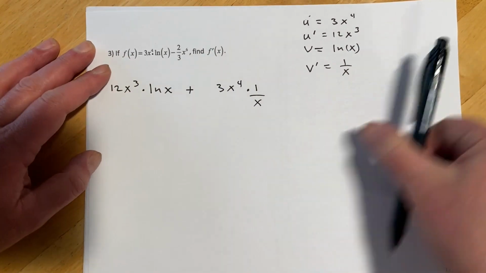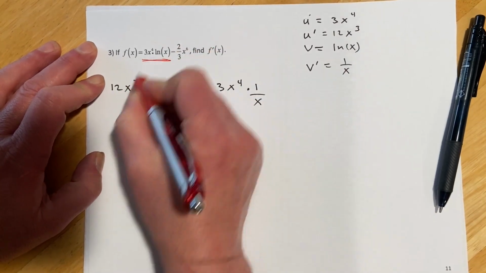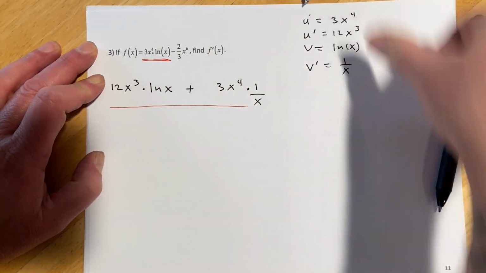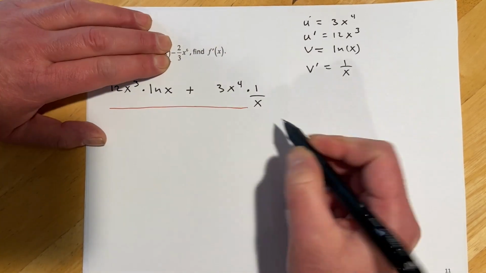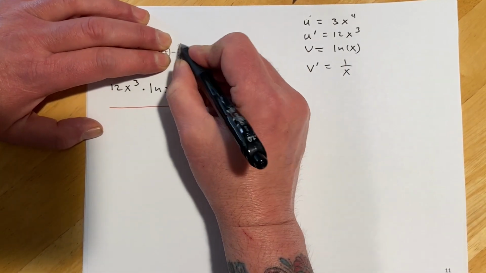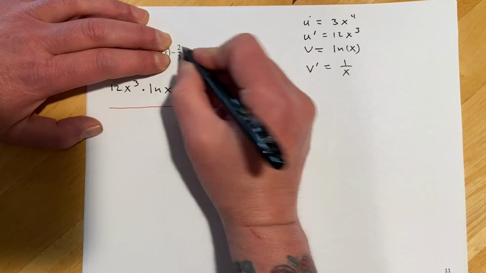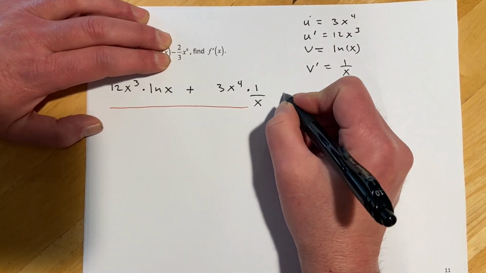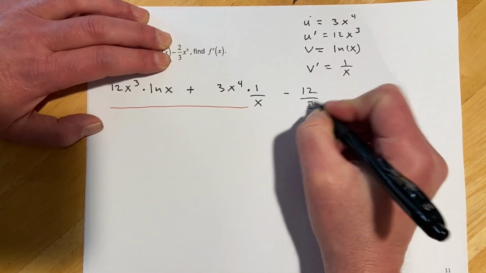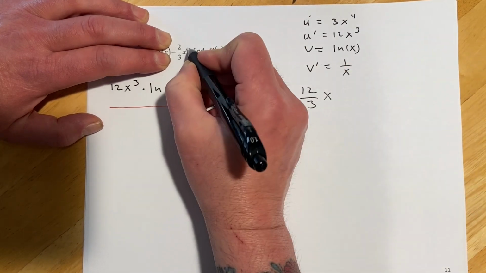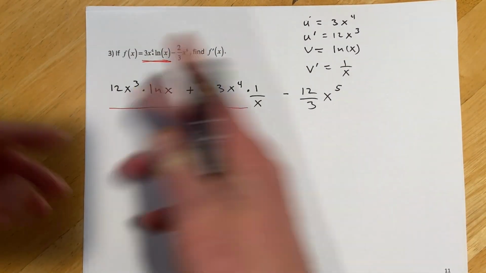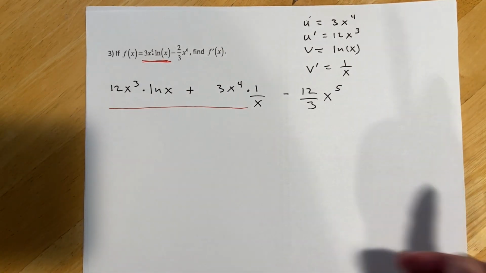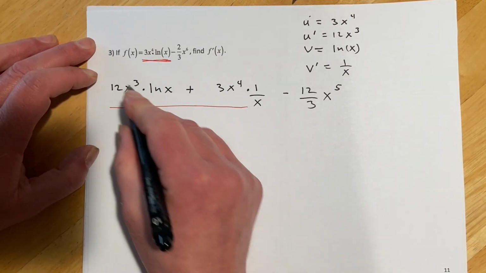And so that is, this is that. And then now we're to the little second term right here. So we're going to go 6 times 2 would be 12. Let me just write that out. So we'll go 12 over 3, and I'll reduce in a second, and take 1 off the exponent and get 5. So now I have kind of all this mess about, so let me clean this up.